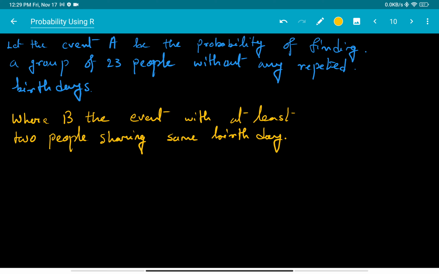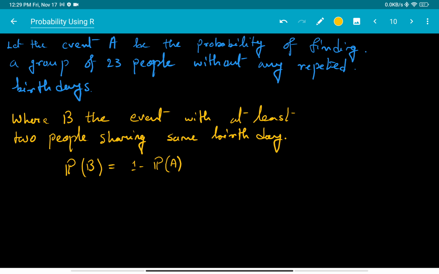So what will be the idea, or how can we write this? The probability of B will be 1 minus the probability of A.